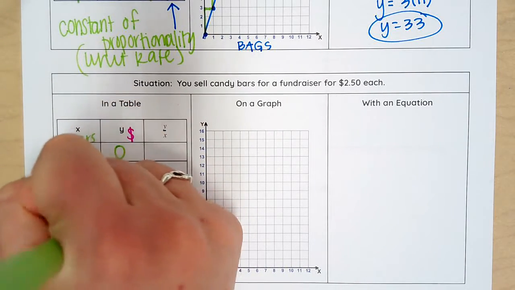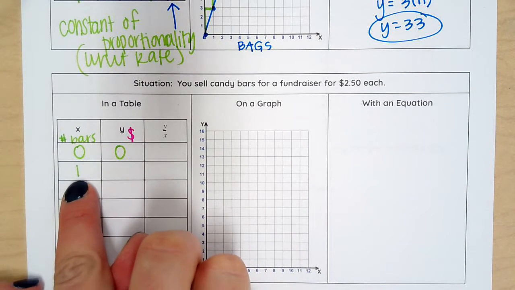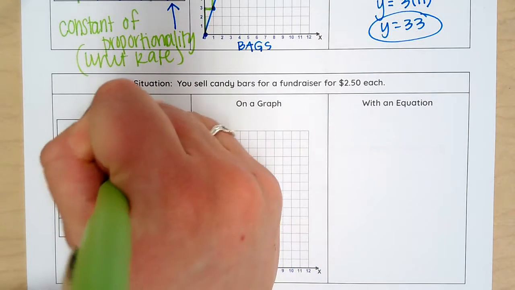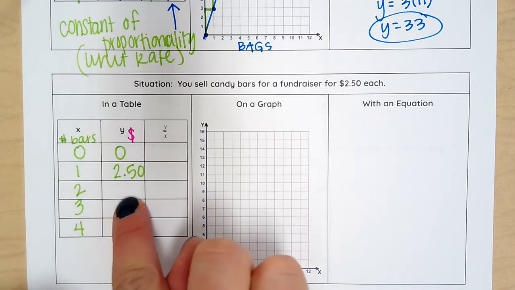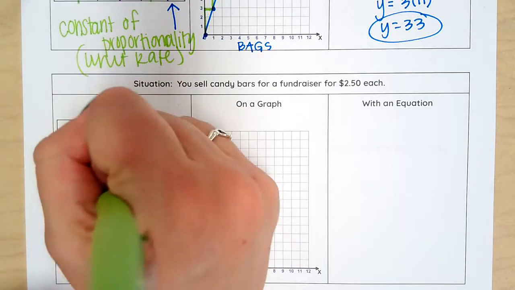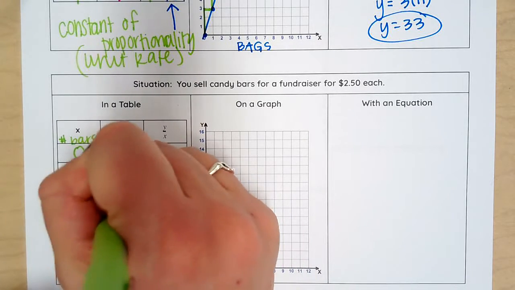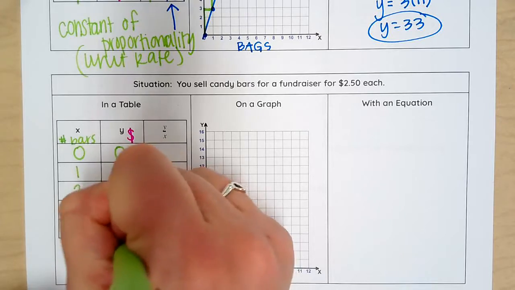We don't need to get too fancy here. If I buy 1 candy bar, how much will that cost me? $2.50. If I buy 2 candy bars, how much will that cost me? Well, 2 times $2.50 is $5. 3 candy bars will cost me $7.50. And 4 candy bars will cost me $10.